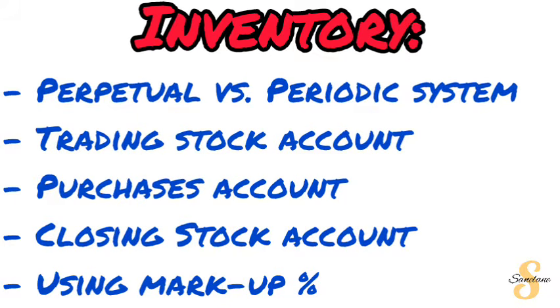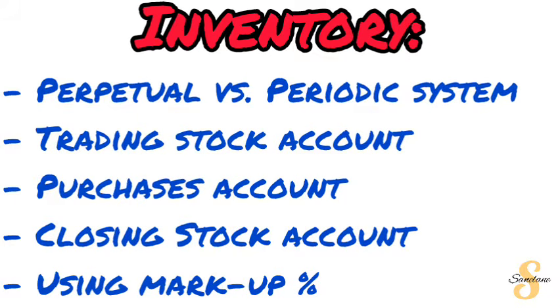If you don't know what its advantages are, that may be a clear indication that you may not understand what a perpetual inventory system is and how it differs from periodic, because if you did, you should be able to list out the advantages and the disadvantages of each. So that's what you need to make sure that you prioritize learning, the advantages and disadvantages of these two inventory systems.